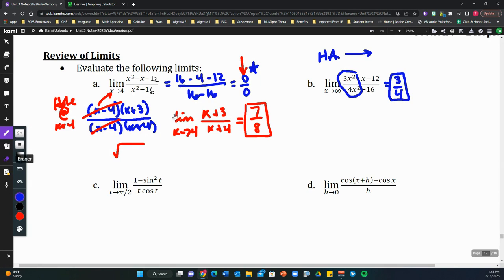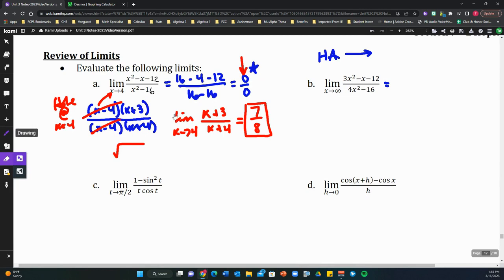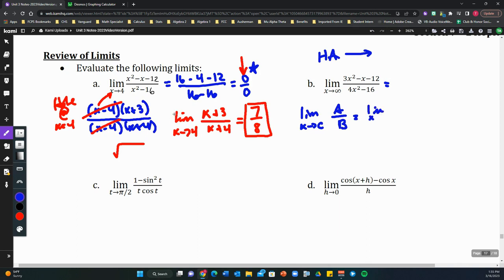Now, for what we're going to do today, it's going to be important for us to highlight some information about this guy. So one of the properties of limits says that the limit as x approaches c of a over b is equal to the limit as x approaches c of my top function divided by the limit as x approaches c of my bottom function, as long as that bottom limit is not 0.